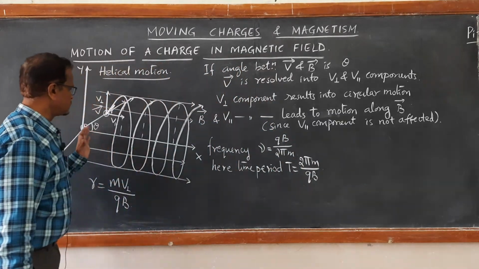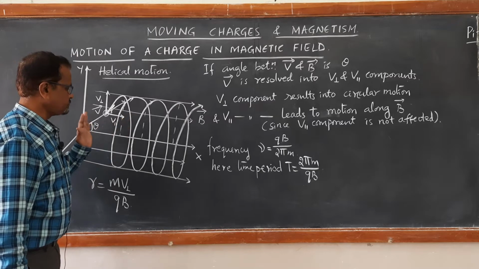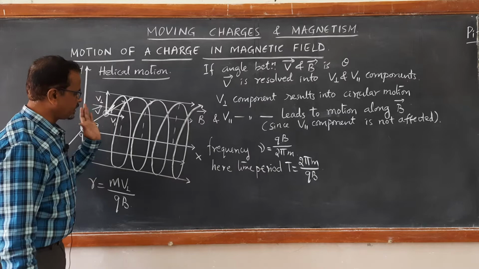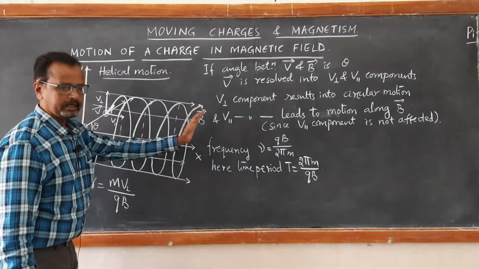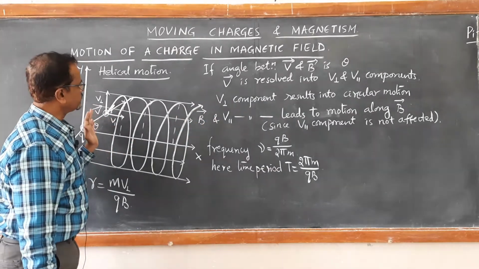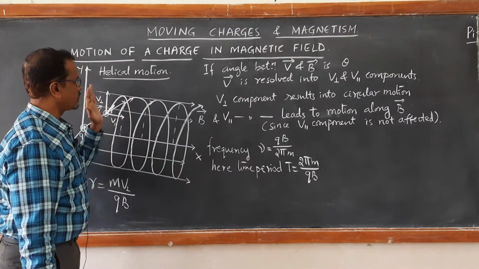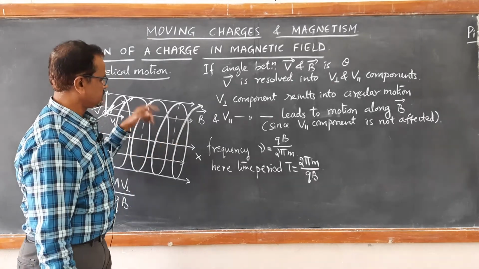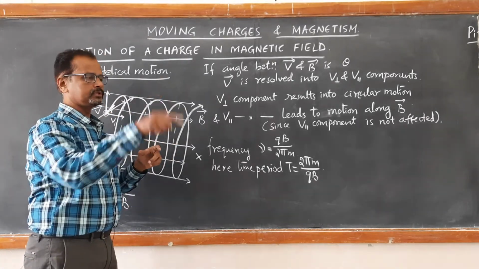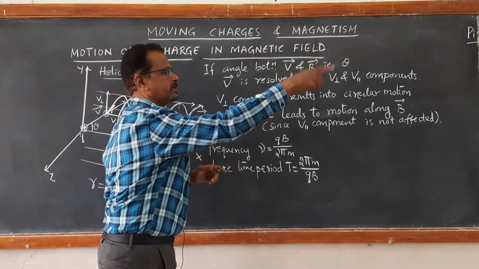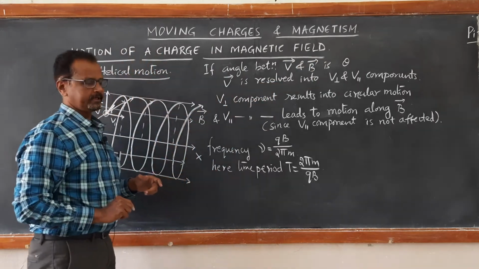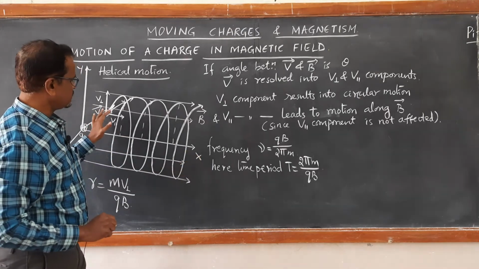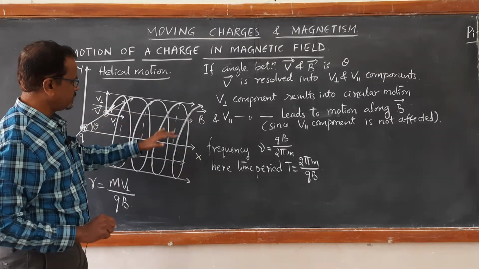As a result, the charged particle undergoes circular motion. In addition, it will have lateral motion. So it undergoes a path called the helical path or helix, right? Just like a spring, the particle undergoes a helical path around the magnetic field. Since the magnetic field is taken along the x-axis, you can see the helical motion of the charged particle around the magnetic field.